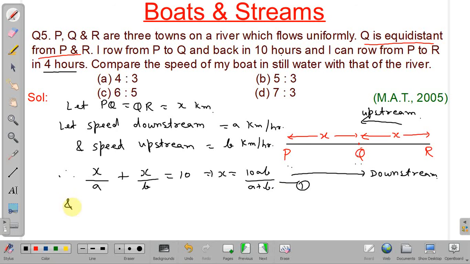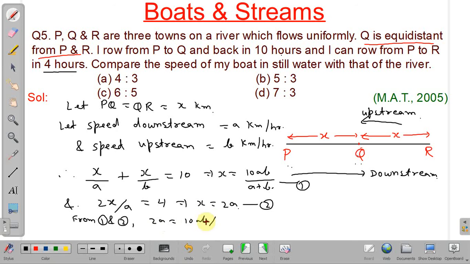Okay. And while going from P to R, distance traveled is twice of x divided by downstream speed, that is a, and it must be equal to 4. So from here we can calculate x equal to twice of a. So this is our equation 2. Substituting, from 1 and 2, twice of a equal to 10ab divided by a plus b.